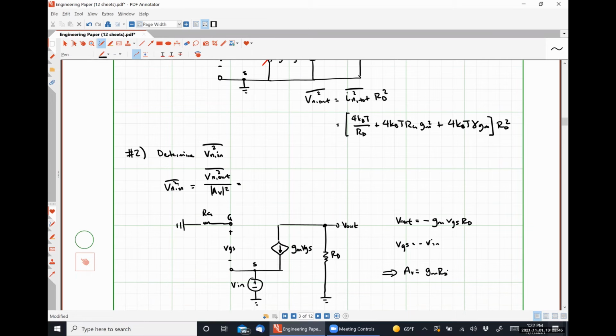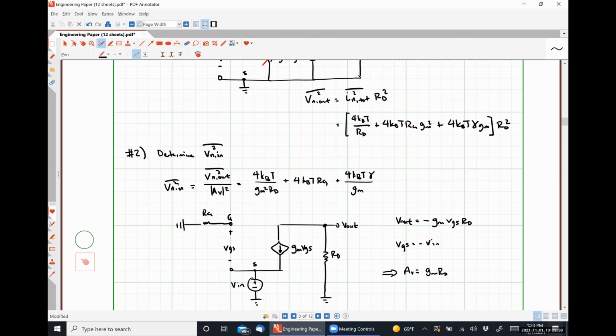So that means that our input referred noise voltage is just going to be 4 kBT over GM squared RD plus 4 kBT RG plus 4 kBT gamma divided by GM. Everybody okay with that? All right.